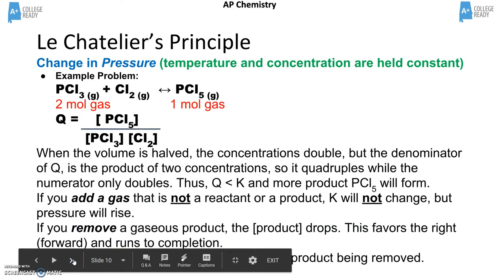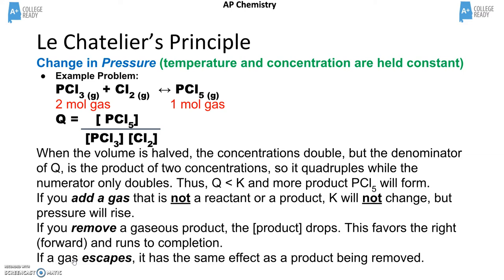So here's an example. Notice the combined mole amount of my reactants is 2, and therefore my moles of product is 1. So when I'm looking at this, I'm going to shift naturally to the product side. Now, what happens when the volume is halved or when the concentration doubles?